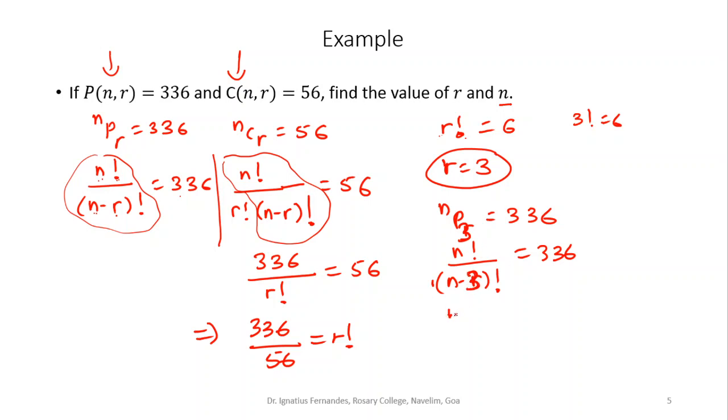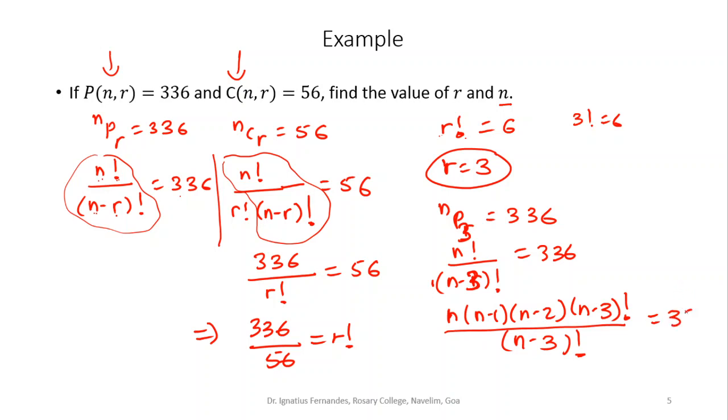So n factorial I can simplify as n into n minus 1 into n minus 2 into n minus 3 divided by n minus 3 factorial. In the denominator I have n minus 3 factorial. This is equal to 336. So I can cancel this. So finally what I have is n into n minus 1 into n minus 2 is equal to 336.